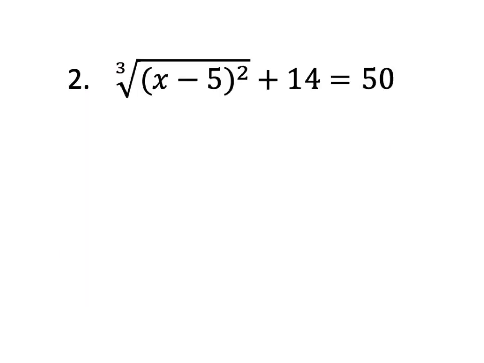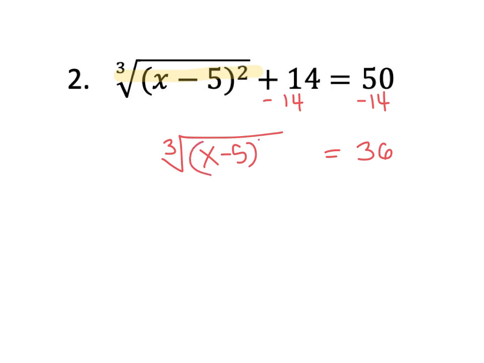Okay, in our second example, again, I'm going to try to get the radical portion by itself. I have the cube root part, and I'm going to try to isolate this portion. So I'm going to begin by subtracting 14 from each side, which would give me 36 on the right, and I'd have the cube root of x minus 5 squared is equal to 36.